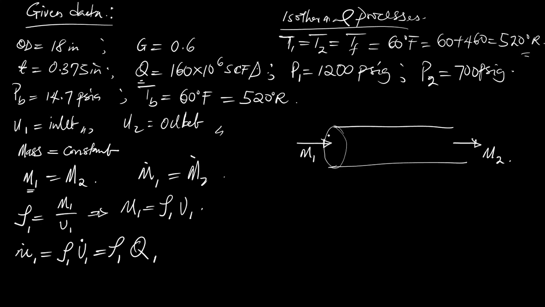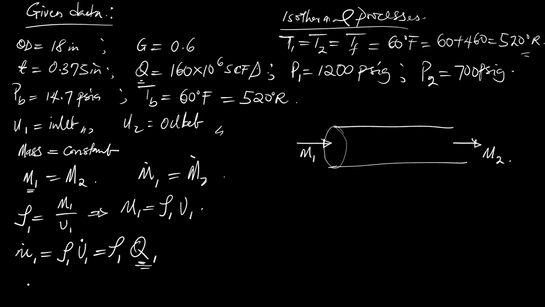What changes here is the volume flow rate. So if you integrate this, the density is constant at that point. So this is what we get.